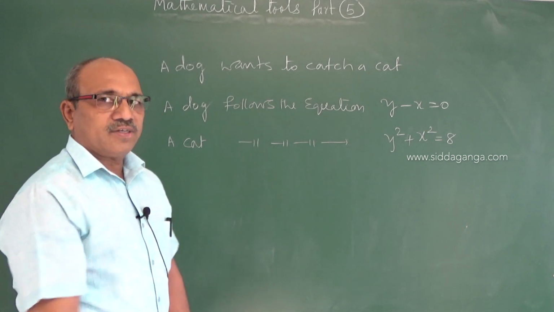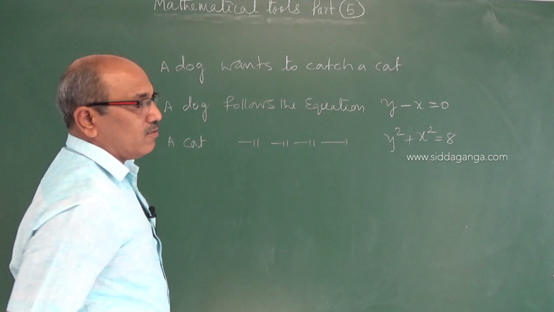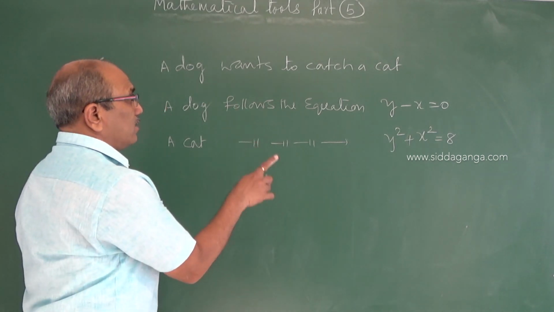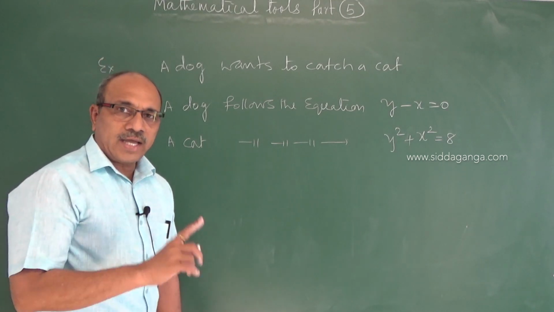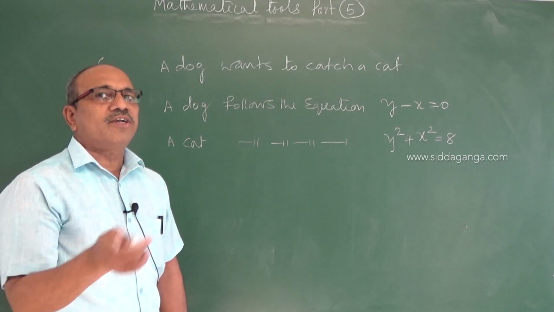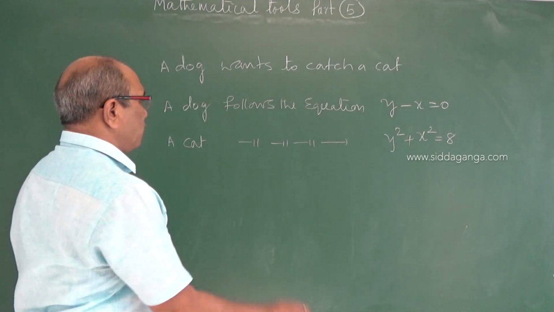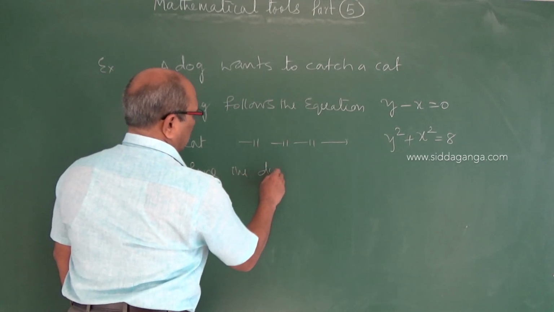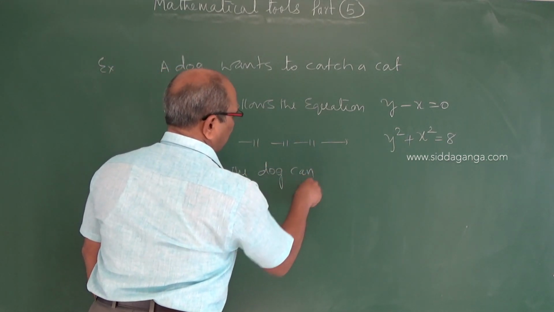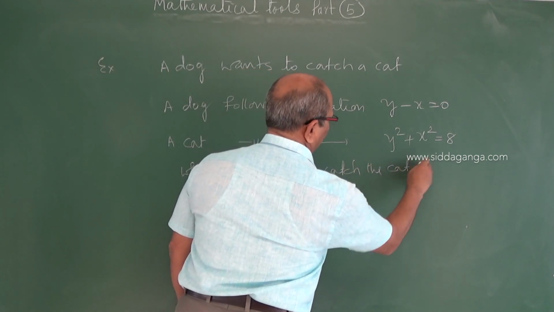If they meet at a time t second, what are the coordinates of x and y where the dog can catch the cat? For the dog to catch the cat, the coordinates must become the same; they have to meet together at a point. Therefore, the question is where the dog can catch the cat.